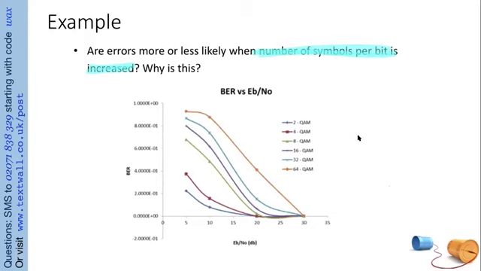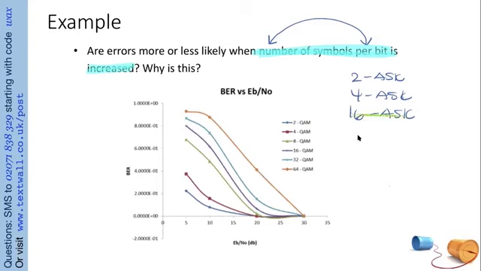So maybe the best way to interpret this sentence is when is our error more or less likely when the number of bits per symbol increases. So for example, if we're comparing binary ASK to 4 ASK to 16 ASK, where is it more likely that the receiver will make an error? Where is it more likely that we get bit errors?